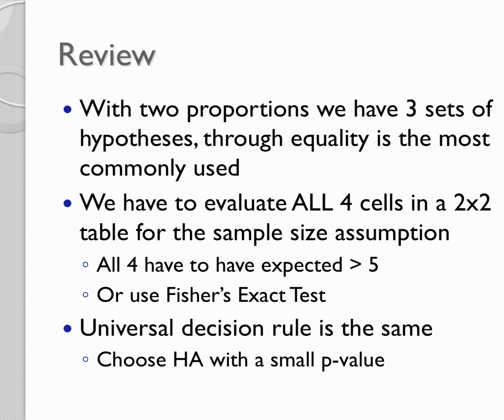All 4 have to have expected greater than 5, or we need to use what's called a Fisher's exact test. And our universal decision rule has actually remained unchanged. Since we're relying on a large sample test and an underlying distribution, all we have to do is select our alpha, usually 0.05, and we'll choose our alternative if our p-value is smaller than alpha.